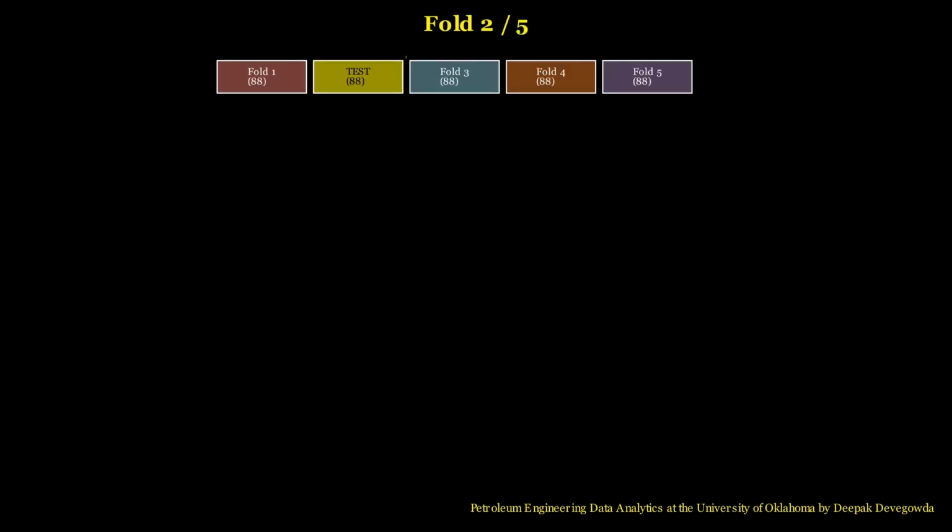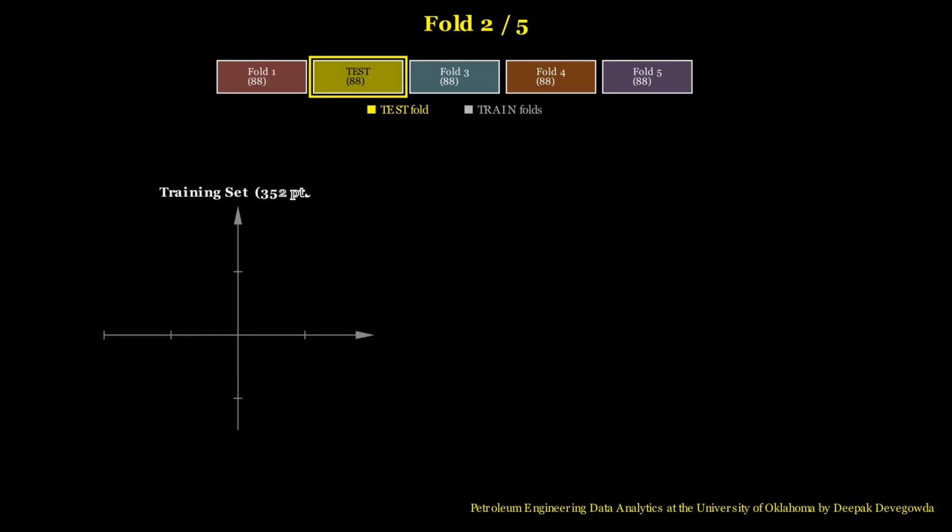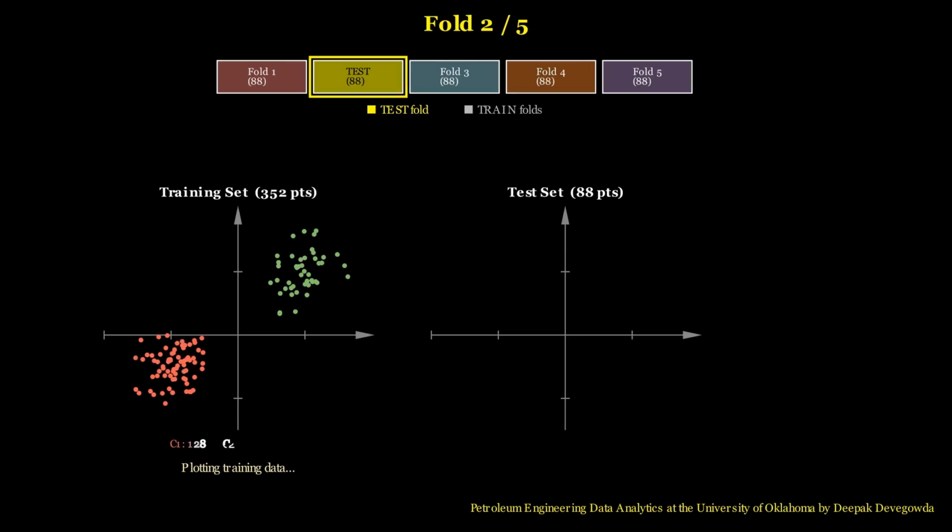We then repeat this exercise, but this time around fold 2 is our test data, folds 1, 3, 4, and 5 are our training data. In this case, we can plot the training data and we can fit the same classifier to this training data.